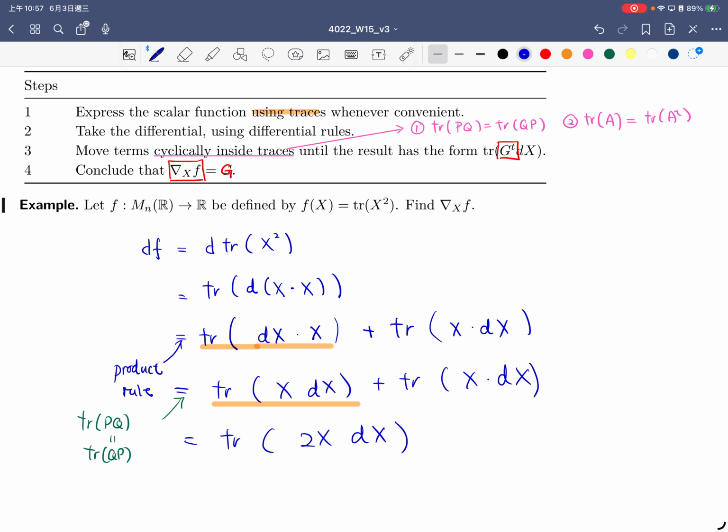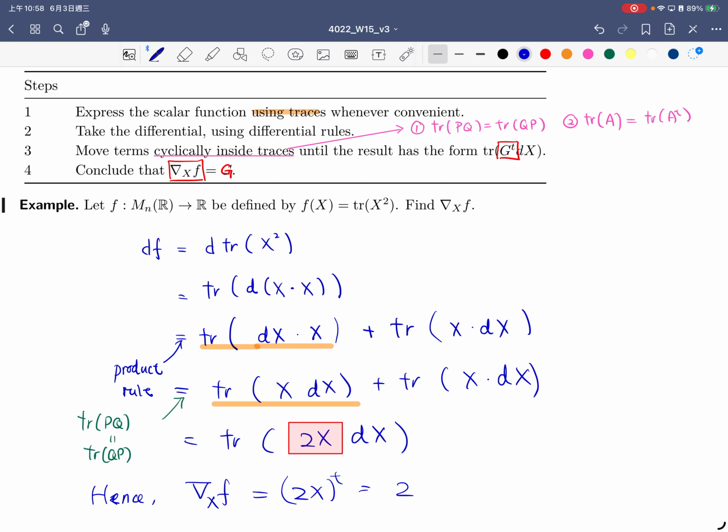It's so fantastic because according to my algorithm, at the end you want to arrange it as the trace of a matrix times dx, which is exactly of this form. So we have this matrix in the front, but this is not the gradient matrix, but its transpose is. So hence the gradient of f at x is not 2x, but 2x transpose.